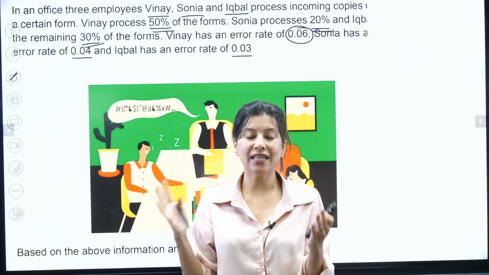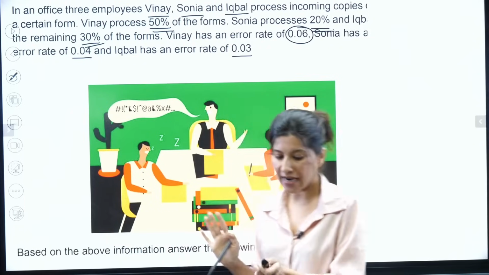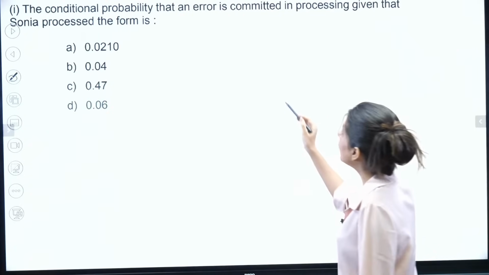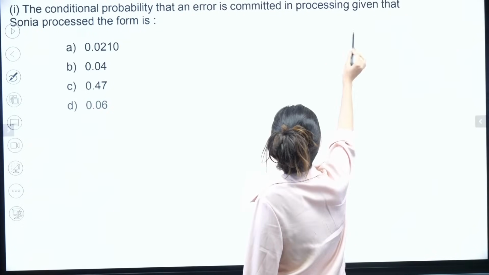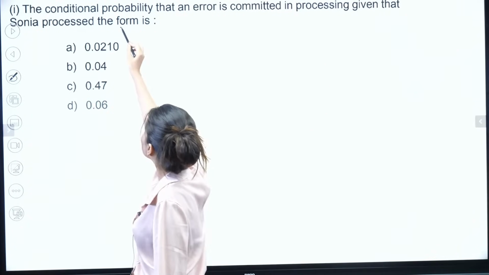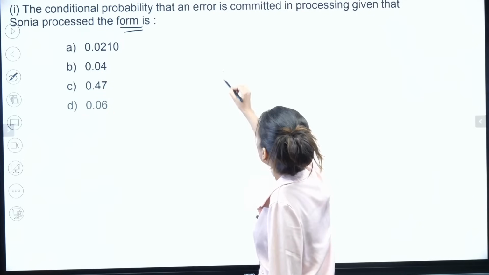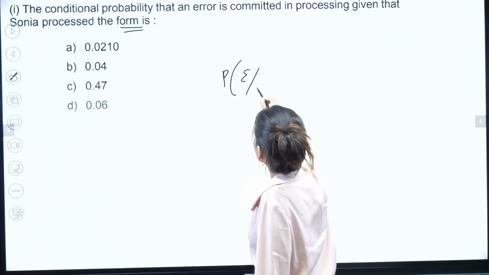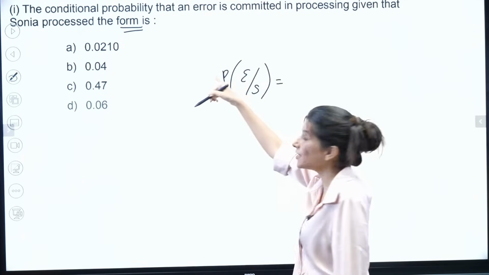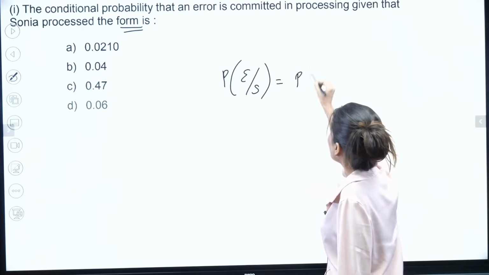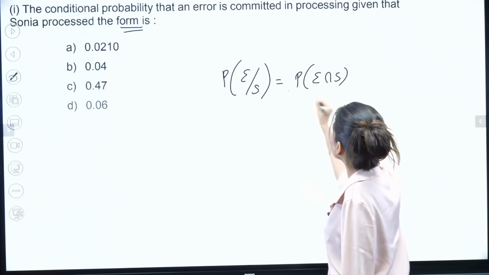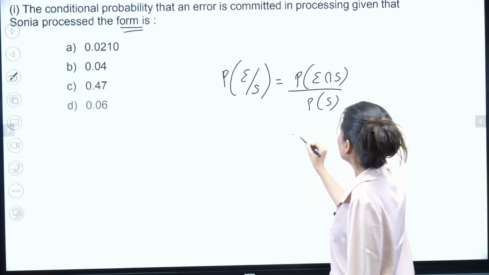So these 3 things are independent. Now, the conditional probability that an error is committed in processing given that Sonia processed the form. So error has happened given that it is done by Sonia. So conditional probability is probability of E intersection S upon probability of S.